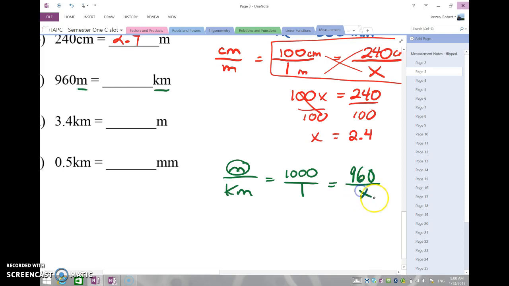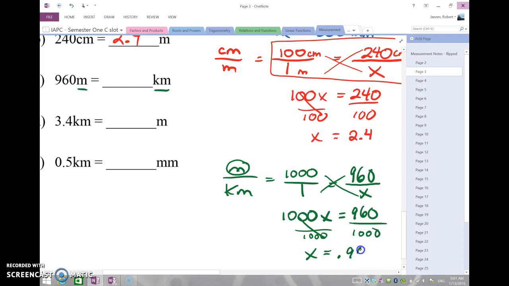And what am I trying to find out? X. So let's do a little cross multiplying. 1,000x equals 960. To get x by itself, I'm going to divide by 1,000. And x is 960 divided by 1,000. This is going to be decimal 96. And so there is my answer.